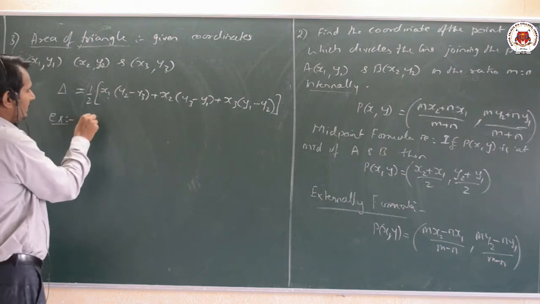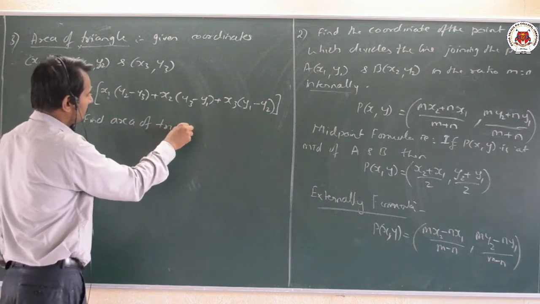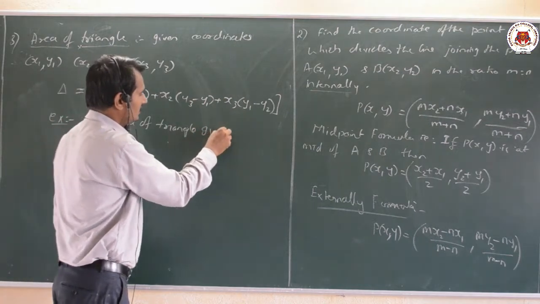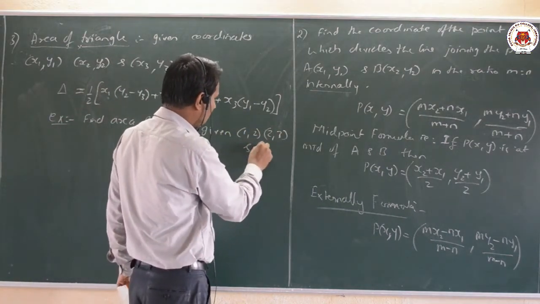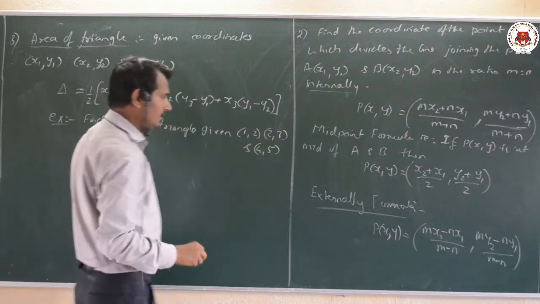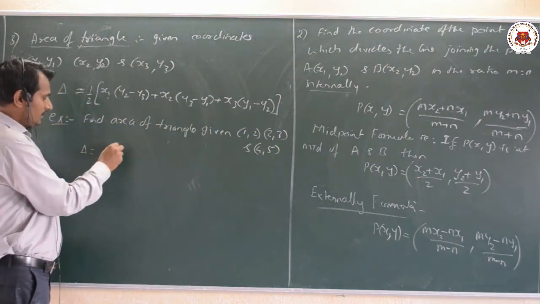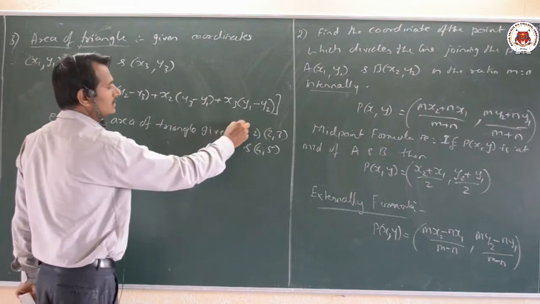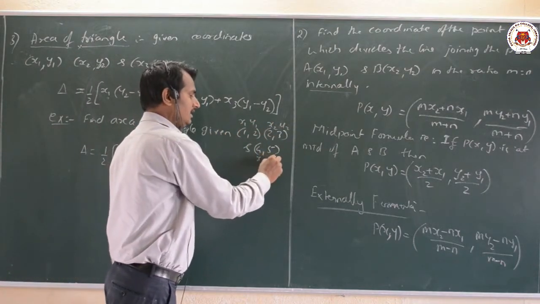Example: find the area of the triangle given coordinates 1, 2, 2, 3 and 4, 5. Let del be equal to 1 by 2 into x1 y1, x2 y2 and x3 y3.